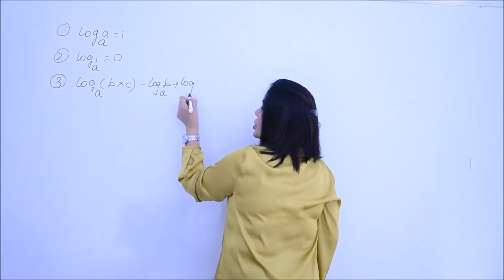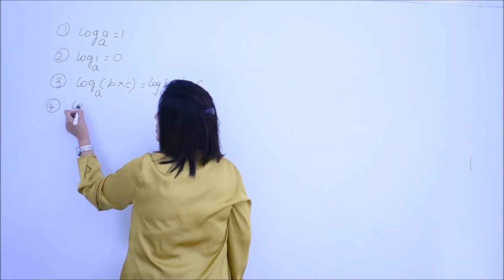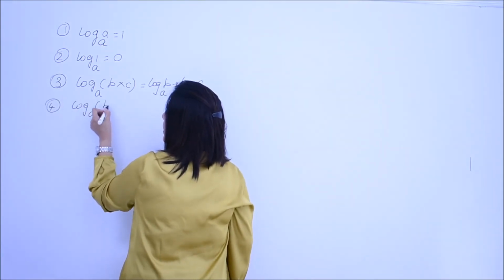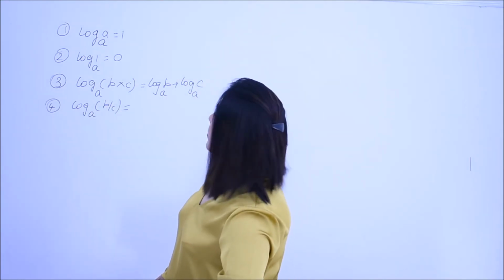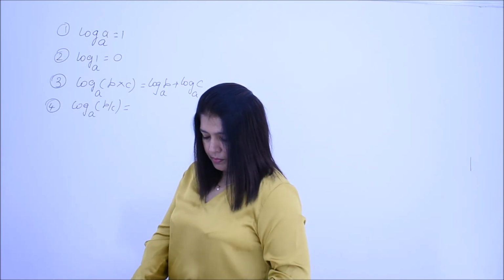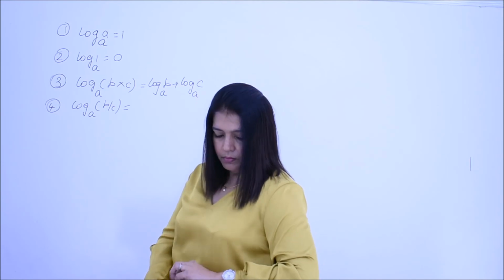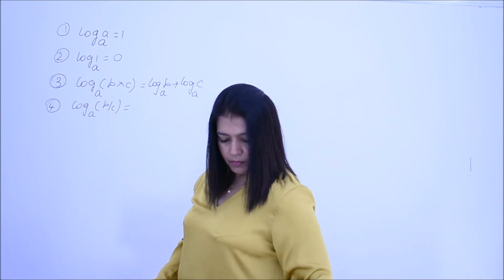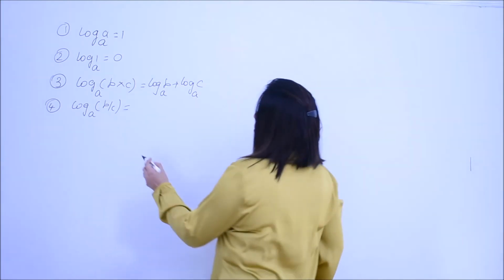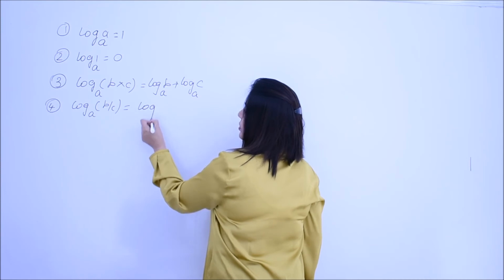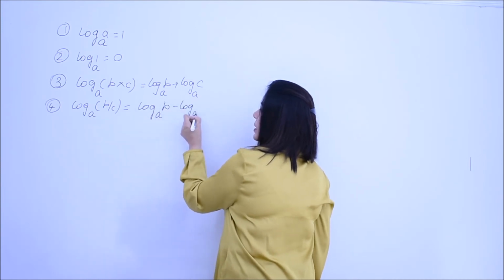So multiplication is addition and division is subtraction. So division is subtraction, that is log to the base A of B minus log to the base A of C.